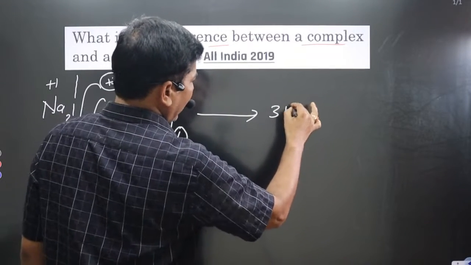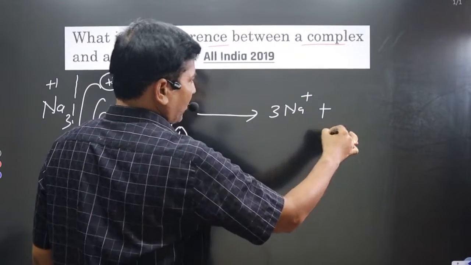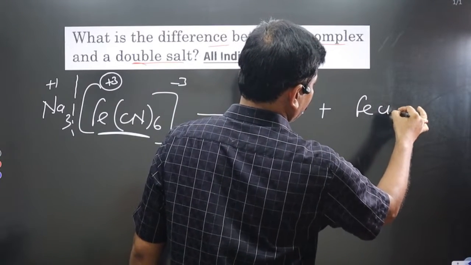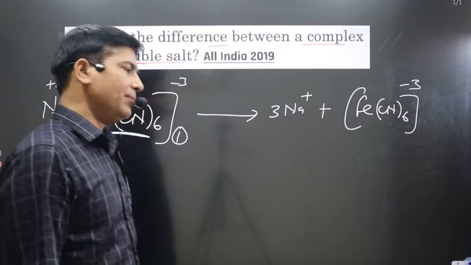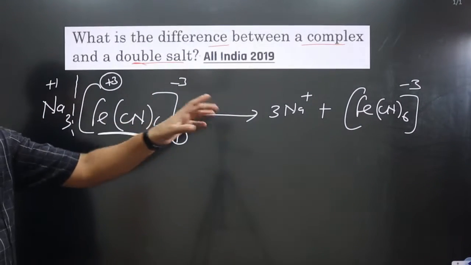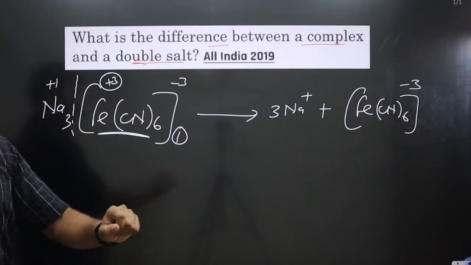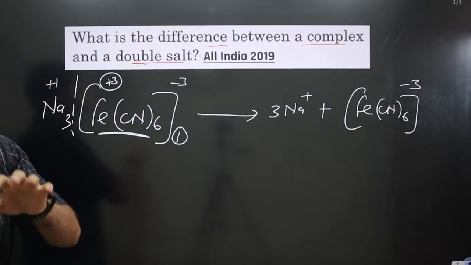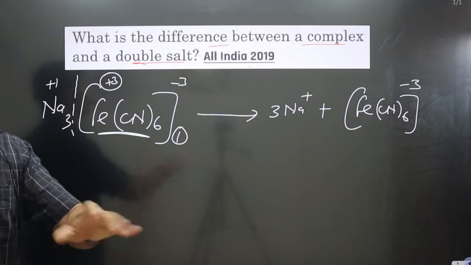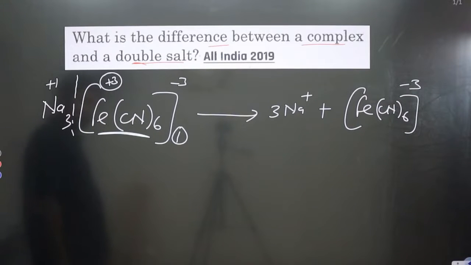So we get 3 Na+ plus [Fe(CN)6] having -3 charge. So you can see it is giving the positive test for the sodium ion, but it does not give the positive test for the ferric ion as well as cyanide ion because it does not undergo complete dissociation.